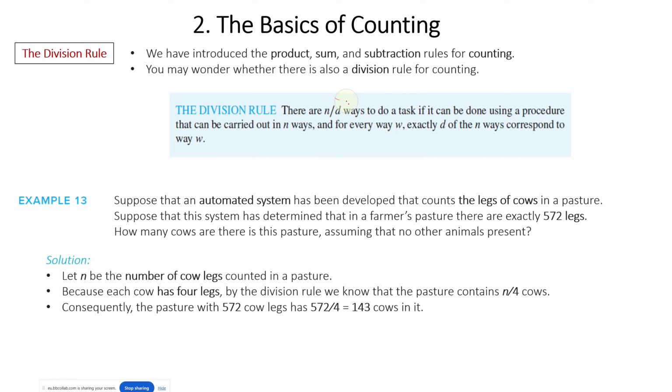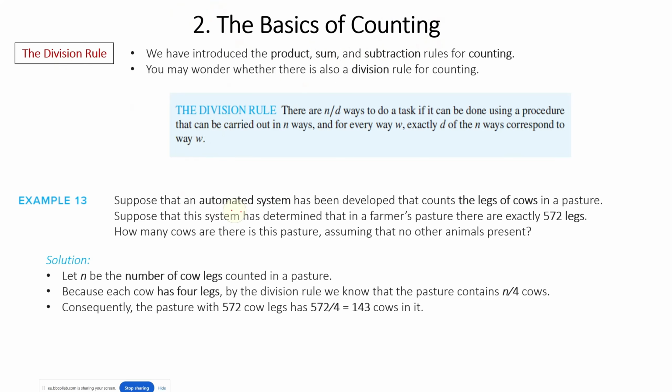So to calculate that, I just need to divide by the number of ways each time. So you see, it's not really easy even to read. It's a little bit confusing, but let's make a very clear example, which is going to make things much easier to understand.